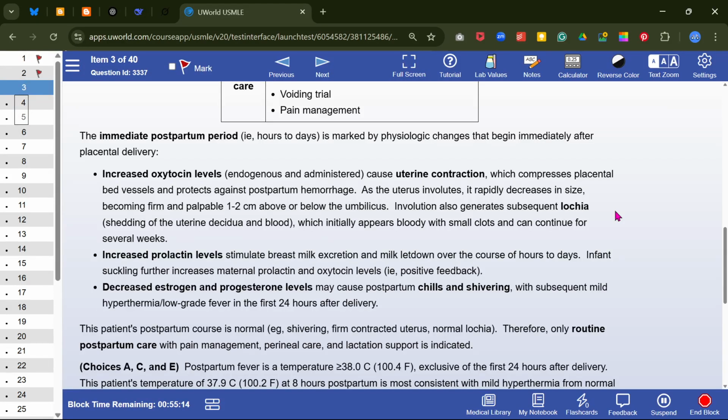Increased oxytocin level, endogenous and administered, causes uterine contraction, which compresses placental blood vessels and protects against PPH.